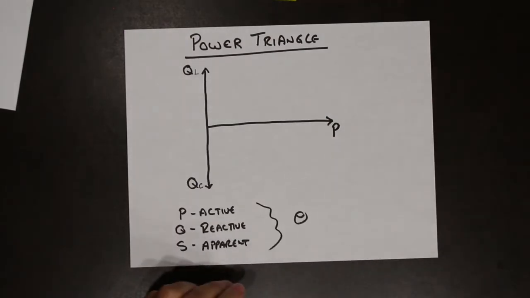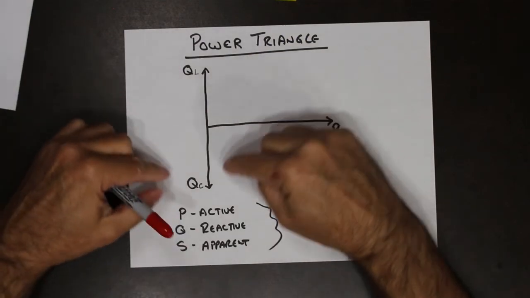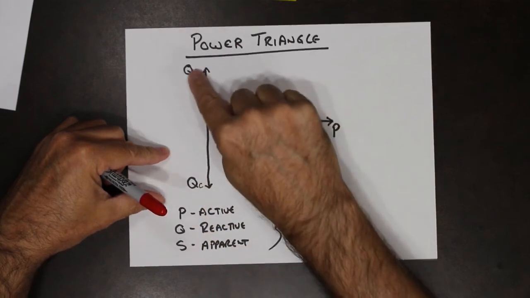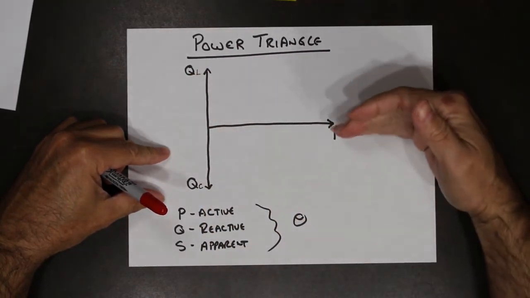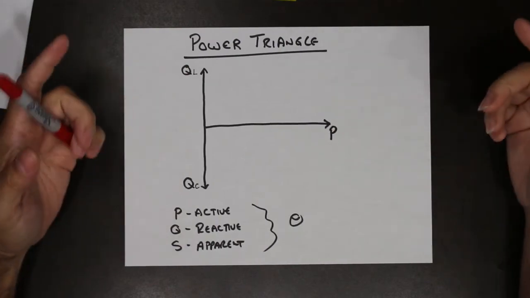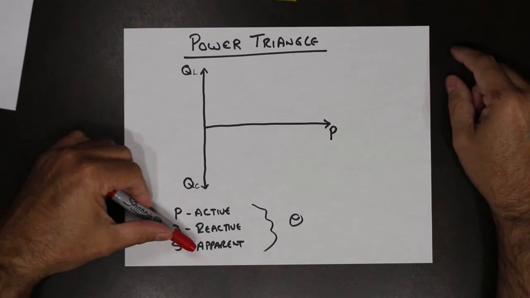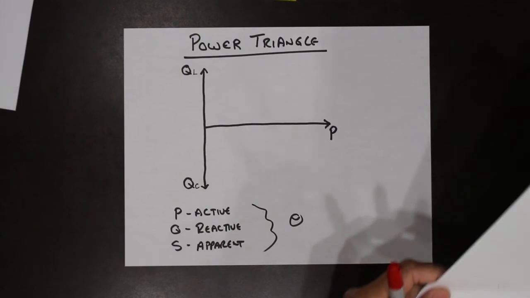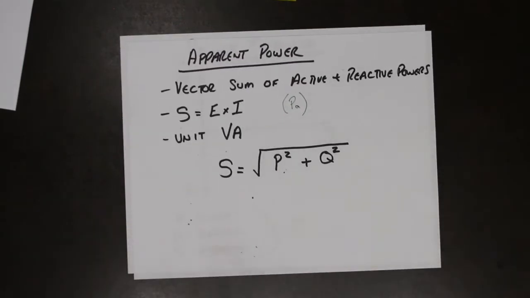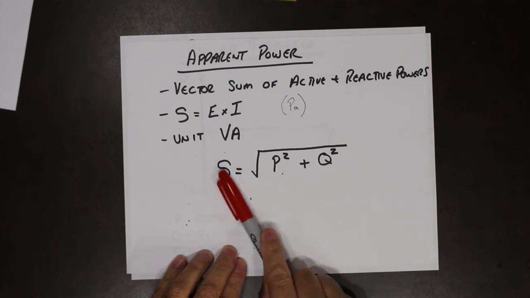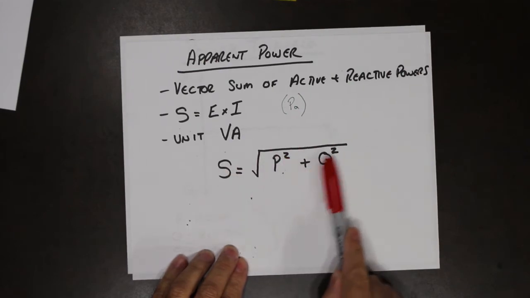So in our power triangle, QC is down below, QL is up above, and P is on the x-axis. And the vector sum becomes the apparent power. That's why, if you go back just a couple of minutes, Pythagorean's theorem: S is the square root of P squared plus Q squared.